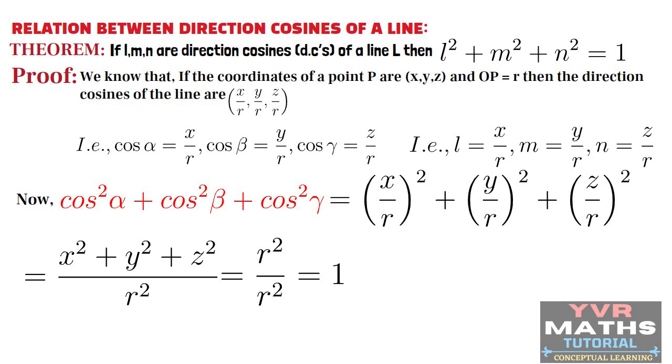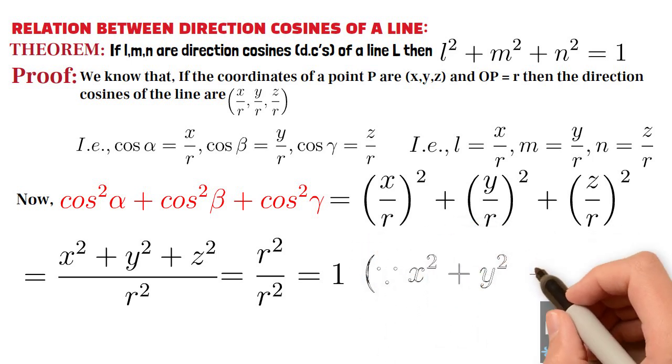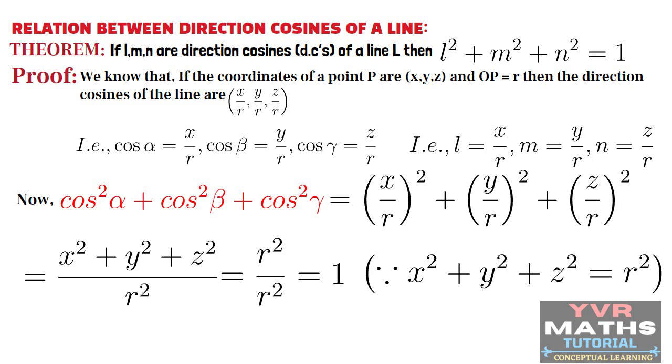If you find the distance from O to P, where P is x, y, z and O is the origin, we will get root of x square plus y square plus z square. OP is nothing but r. If you square on both sides, then r square is equal to x square plus y square plus z square.